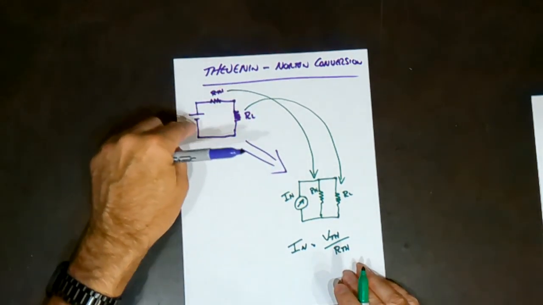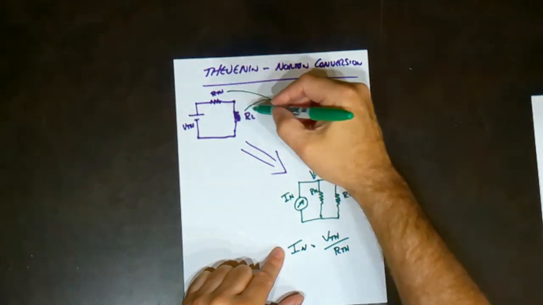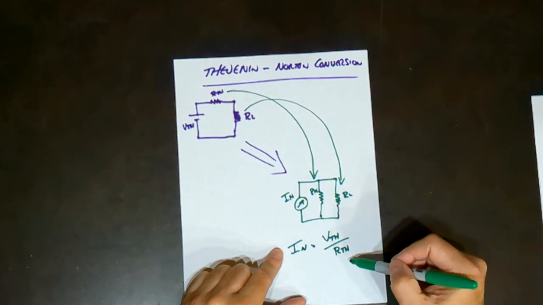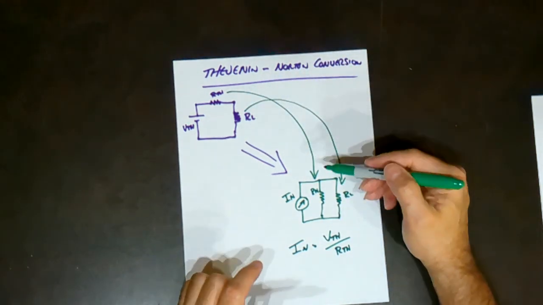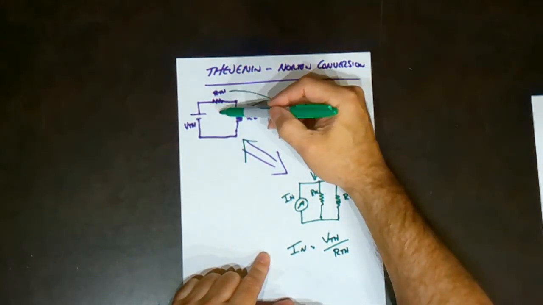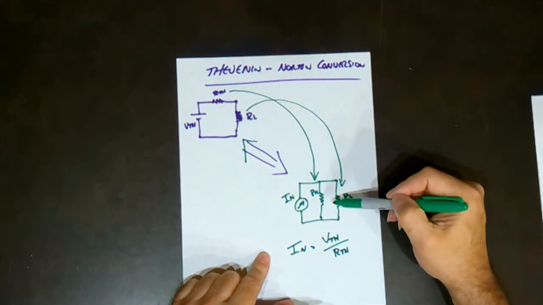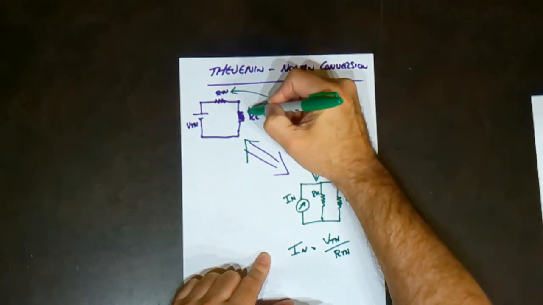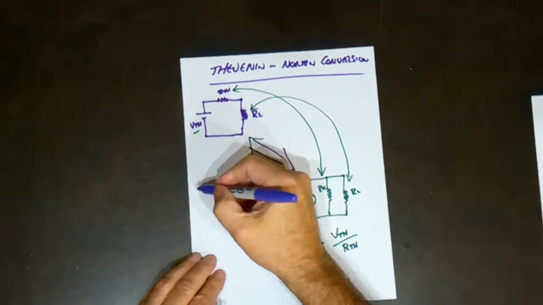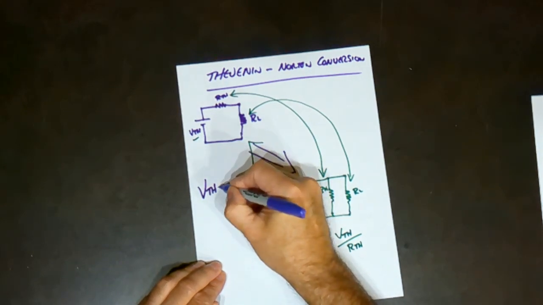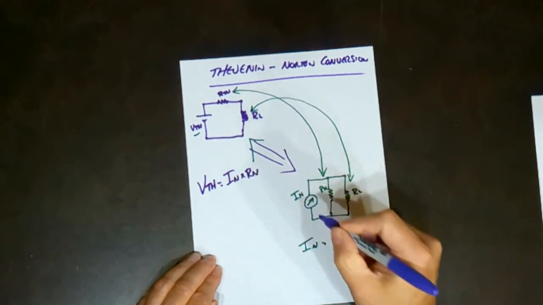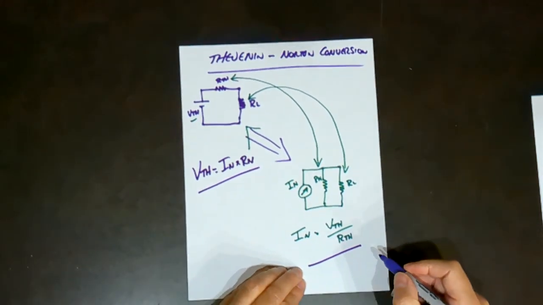If I was going the other way, from a Norton circuit into a Thevenin circuit, I go from parallel, I put the resistors in series, and then all I need to do is calculate V Thevenin, and V Thevenin is equal to I Norton times R Norton. Again, Ohm's law.